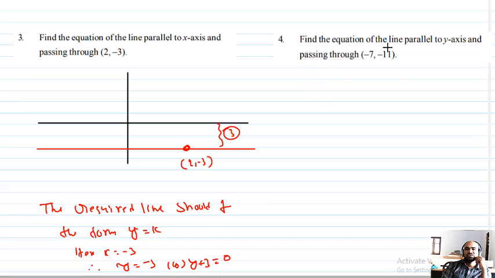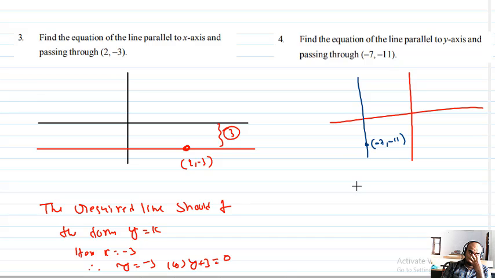Fourth problem: find the equation of the line parallel to the y-axis and passing through (-7, -11). Same as the previous mode, parallel to the y-axis means x equal to k form. Okay, rough sketch: this is the y-axis, this is the x-axis, and the line passes through (-7, -11).